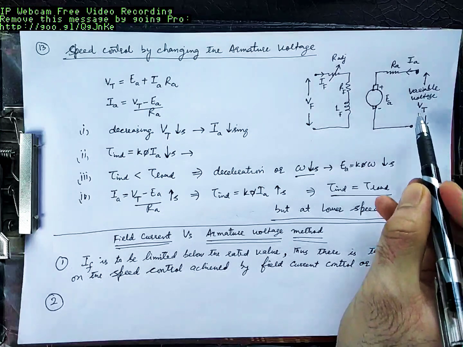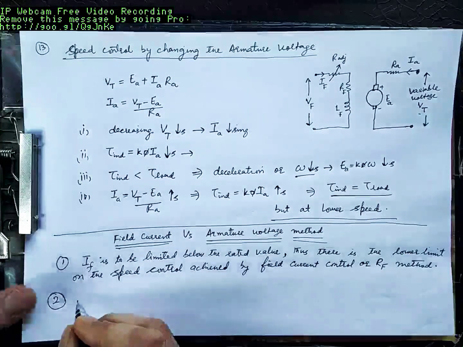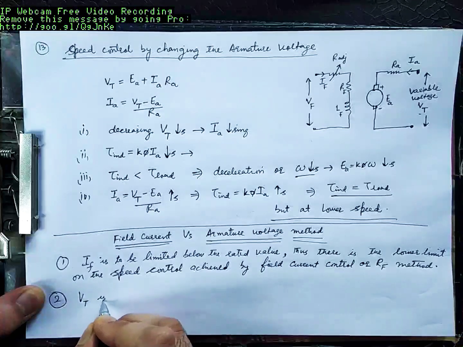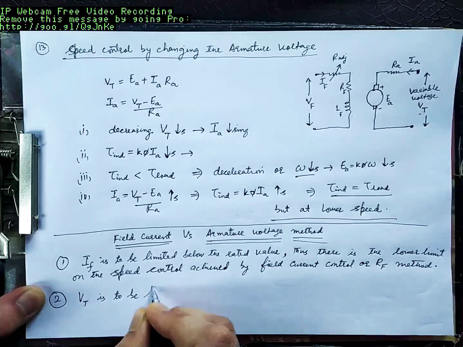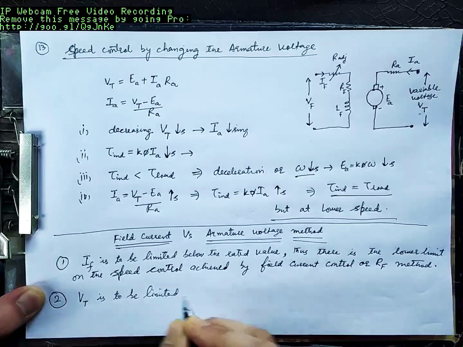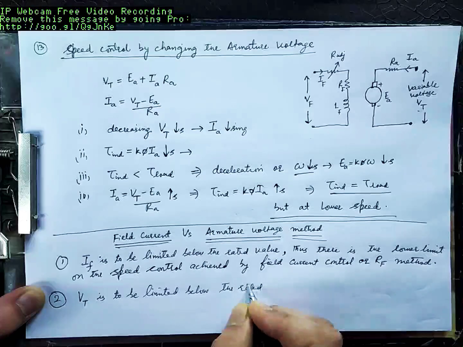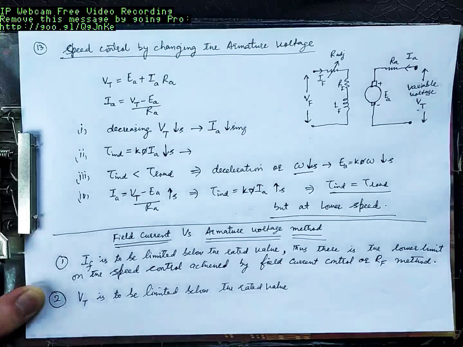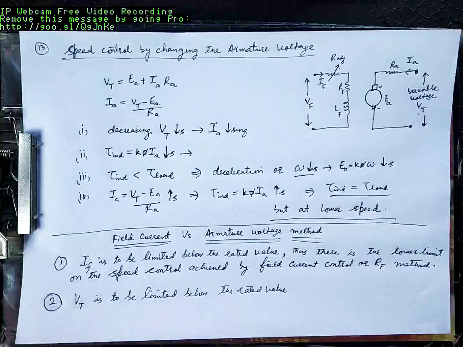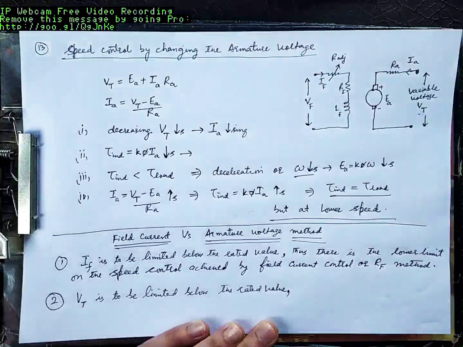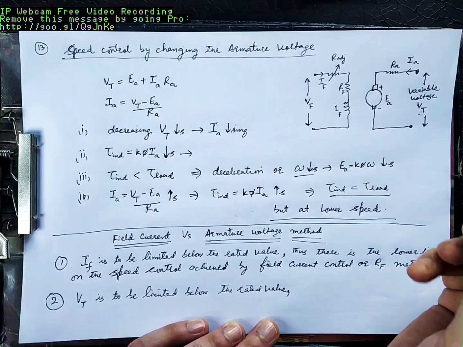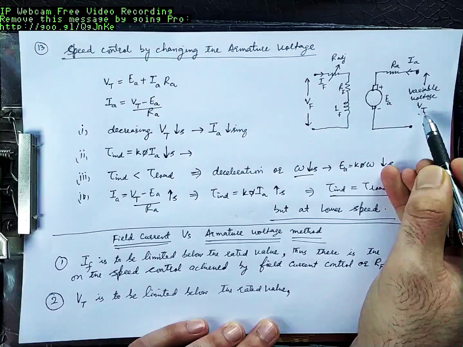So this Vt is to be limited below the rated value. Vt has to be limited below the rated value. That means you cannot increase this Vt above the rated value.